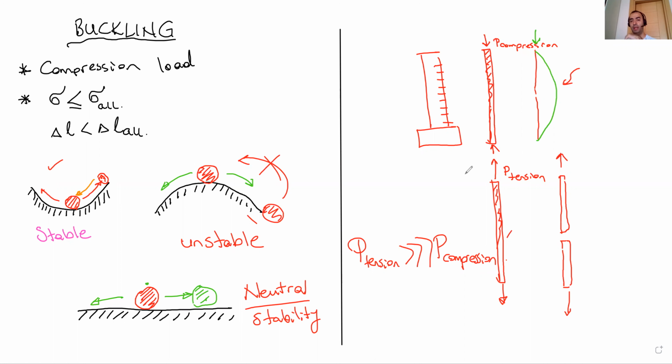But in tension, it is almost in its initial position, as you can see here. We increase the tension step by step, and it fails at the end of the day, but the load capacity in tension is really greater than in compression.